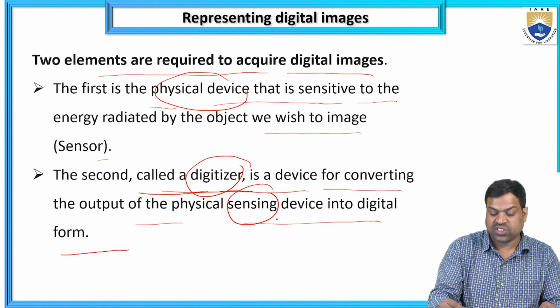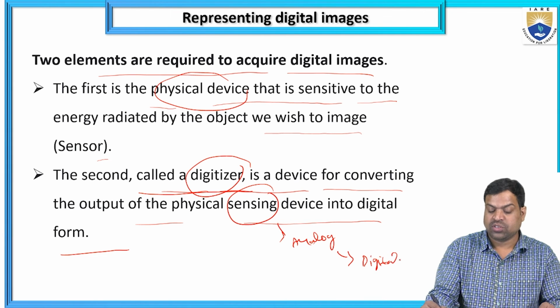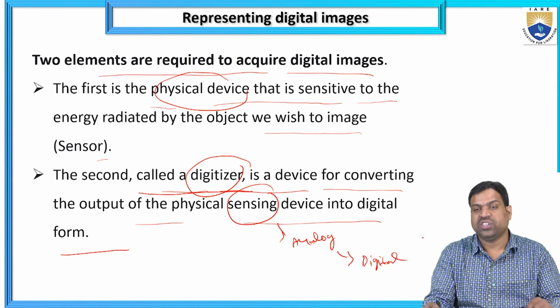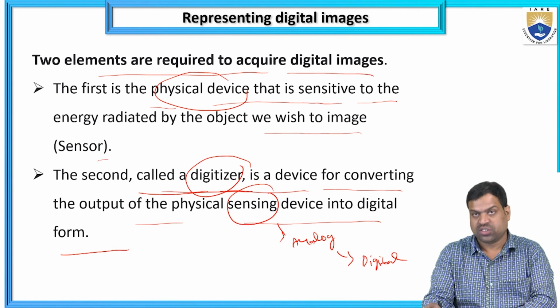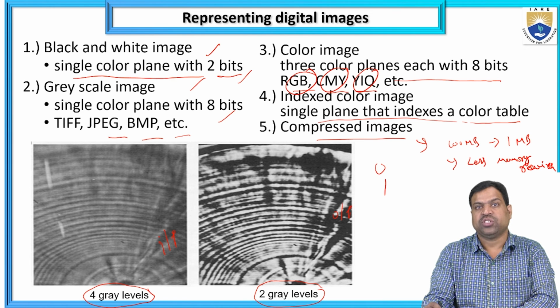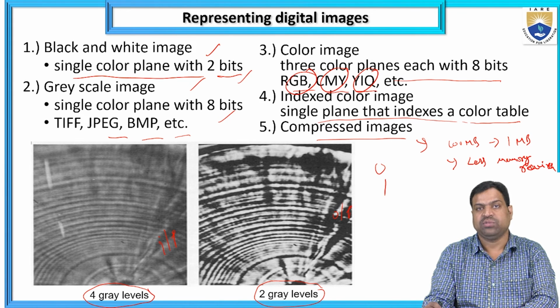So sensing is capturing the image, that is analog, and the captured output from the digitizer is a digital image. How many types of representation of digital images are there? Black and white, grayscale, color image, indexed color and a compressed image. These are the 5 types.